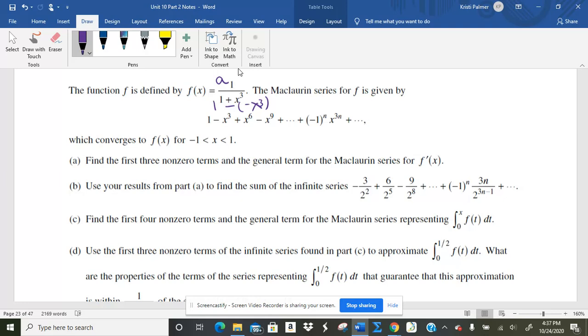Okay, and then they're giving me that it converges, and I'm even seeing that the endpoints both diverge. So look at this. Is this geometric? Yes. This is basically kind of like this part right here. So my a is my 1 and my r is -1. Okay, so I can see that this is a geometric going on.